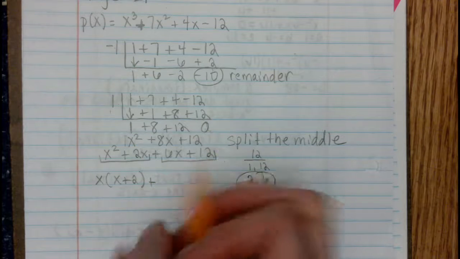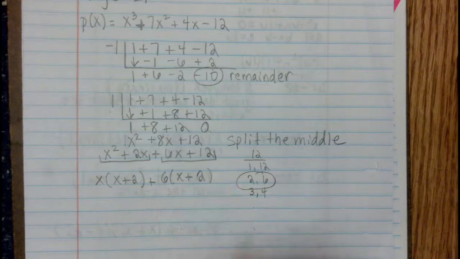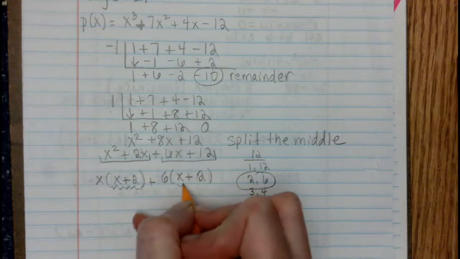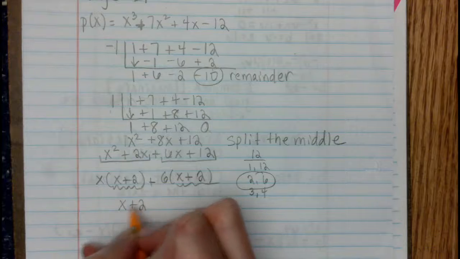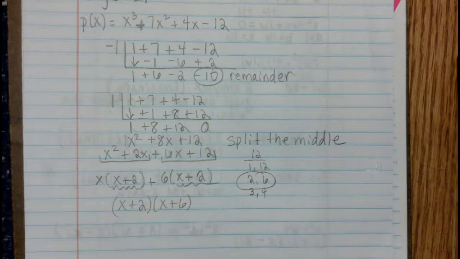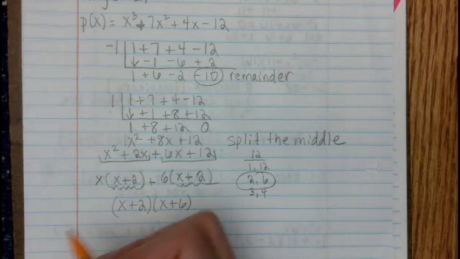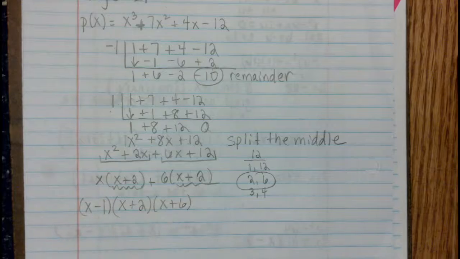The greatest common factor in the next group is 6, and we're left with x plus 2. So when we finish this problem, x plus 2 is a factor, x plus 6 is a factor, and remember, what we started with was x minus 1.